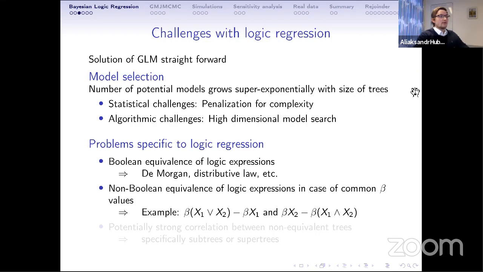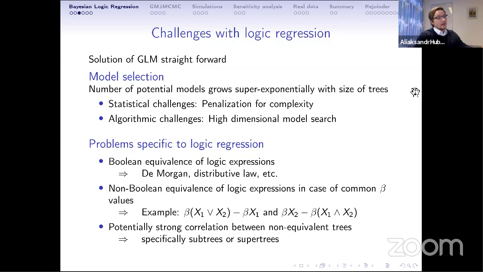In addition, we have non-Boolean equivalences of different logical trees if they share common beta coefficients. For example, the expression x1 or x2 minus x1 and the expression x2 minus x1 and x2 are going to be equivalent in an algebraic way. In addition, the approach suffers from potentially extremely strong correlations between non-equivalent trees.